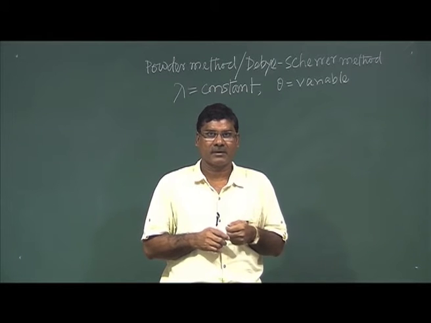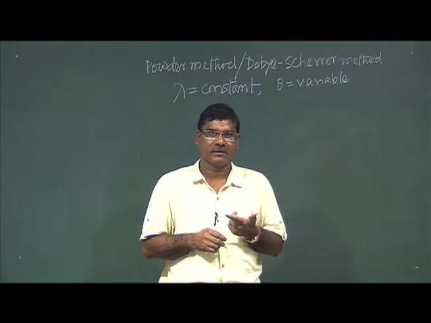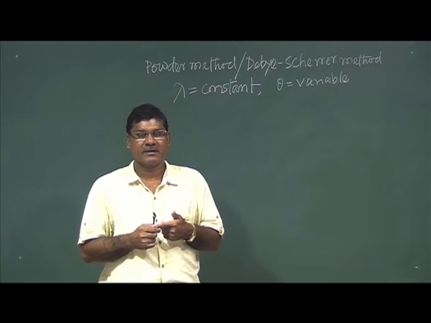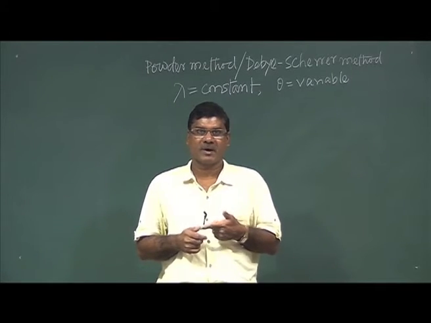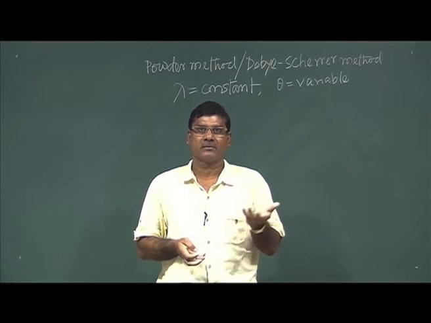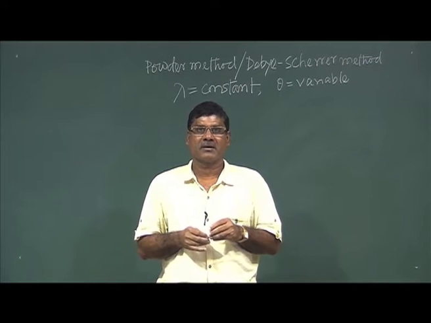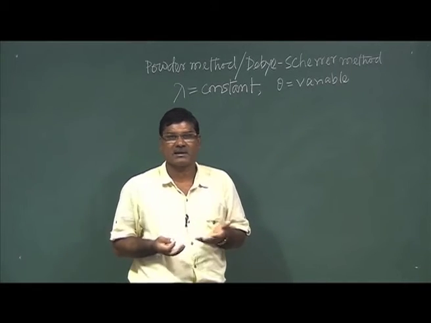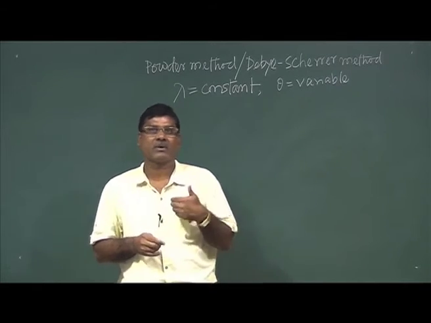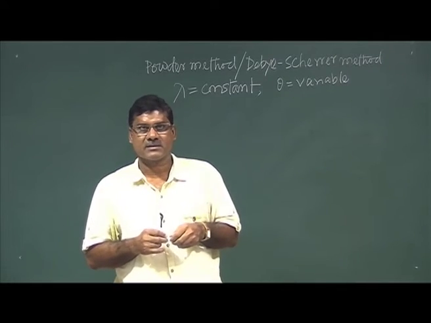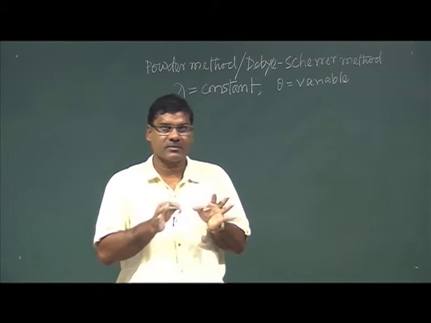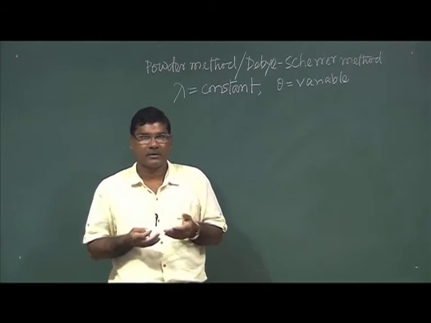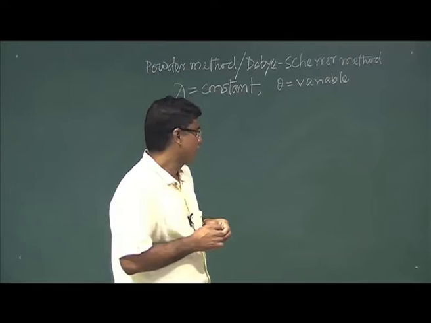From the Laue method, the determination of the lattice constant may not be that accurate, and it is not an easy way, but it is very convenient to know the symmetry of the crystal, whereas this method is not suitable for knowing the symmetry of the crystal, but very suitable for determining the lattice constant. Okay. So, of the three methods we discussed, each has its own advantage.